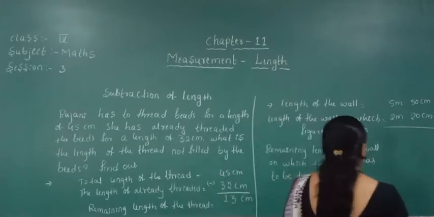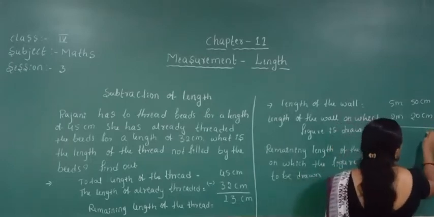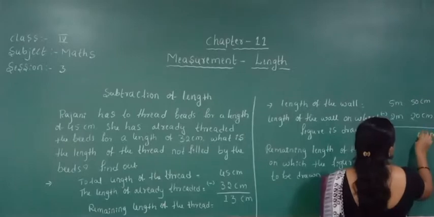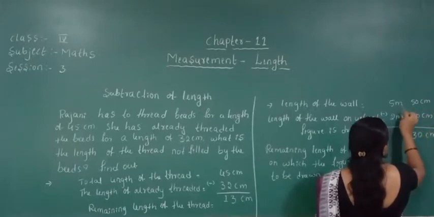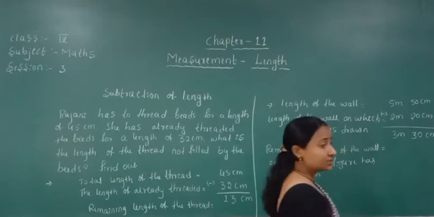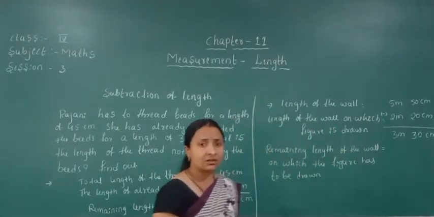How much is left out from drawing? Centimeters as it is, we subtract: 0 minus 0, 5 minus 2 is 3, so 30. Same here, 5 minus 2 is 3 meter. Remaining length to draw is 3 meter 30 centimeter. Understood?